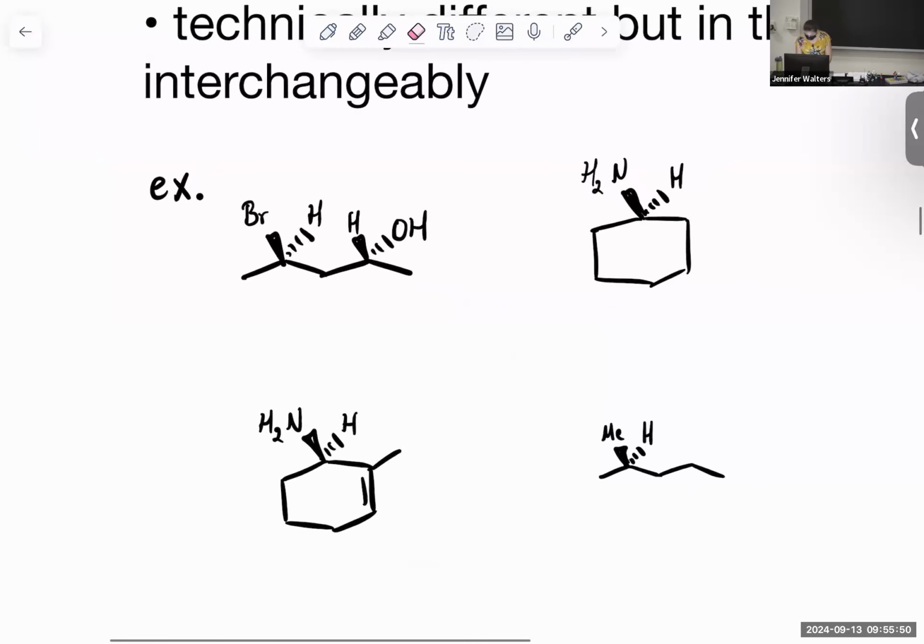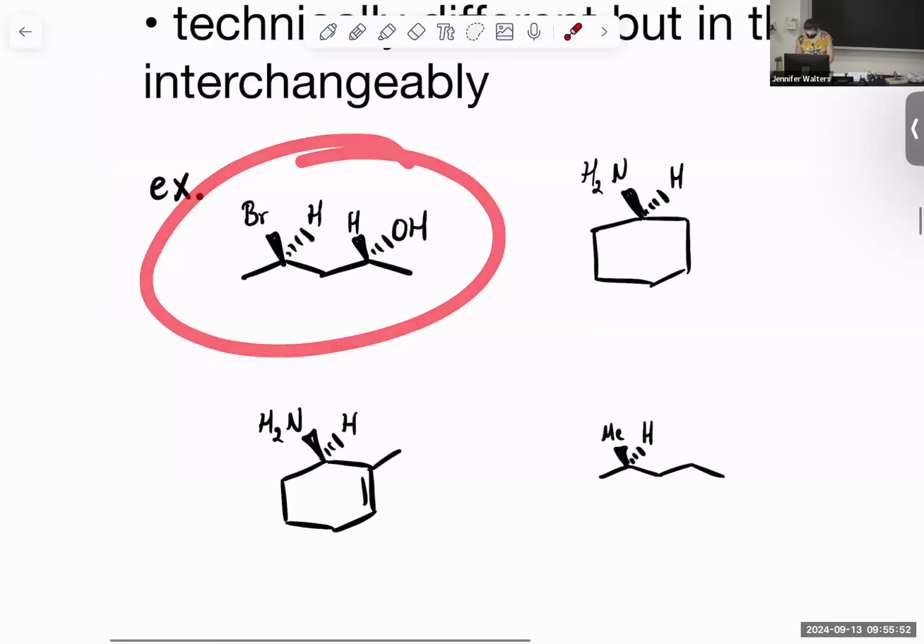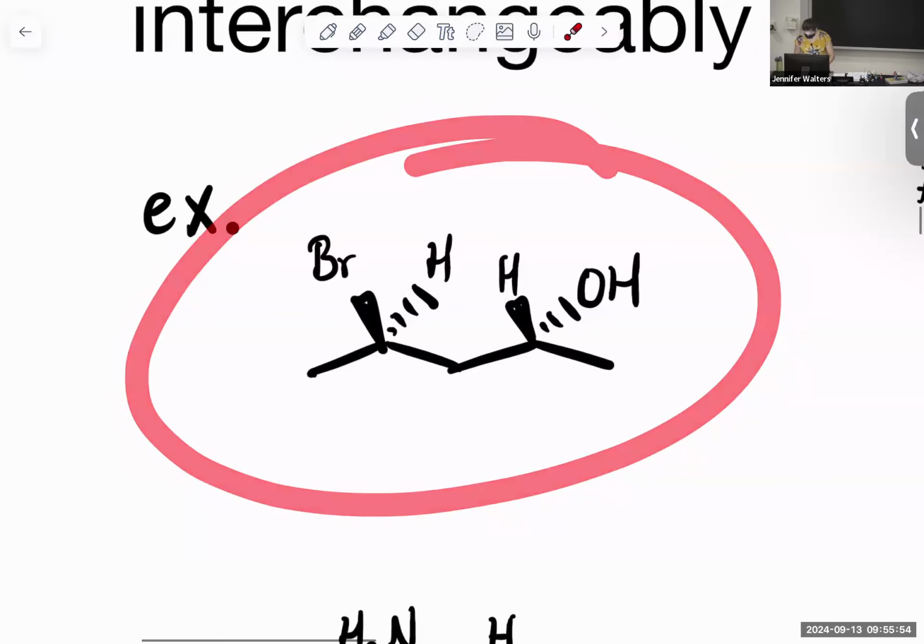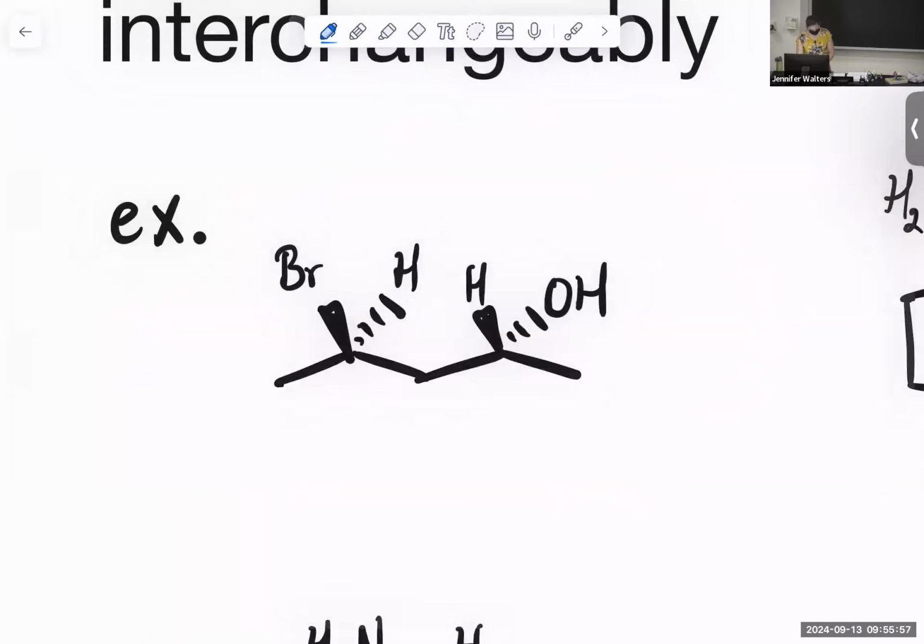So if we look at this first example right here. To find our chiral atoms, you need to find the different groups that are attached to it. You can use wedges and dashes as a guide to help you find your chiral atoms. But when in doubt, you can go through all of them. So I know that that is not going to be a chiral carbon because it has 3 hydrogens on it, and hydrogens are the same.